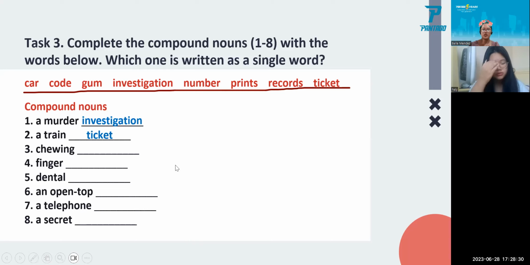Very good. Yes. Chewing gun. Yes, so clear. Finger rings. Yes. Dental records.